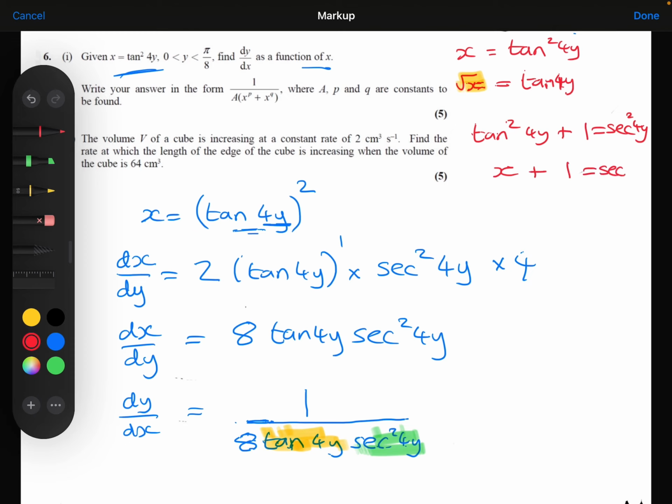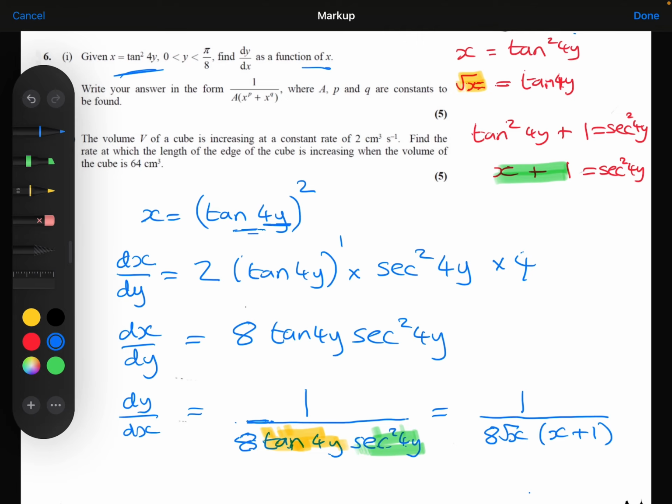So actually sec squared 4y could be replaced with x plus 1. So this is going to give me 1 over 8 times, like I say, the tan 4y gets replaced with the root x, and the sec squared gets replaced with the x plus 1.